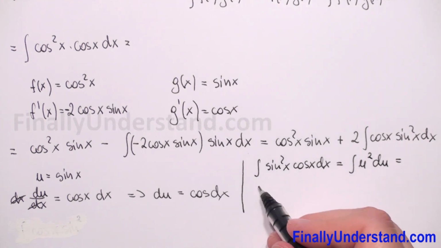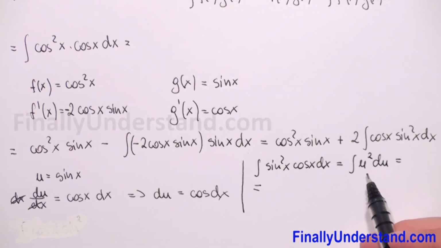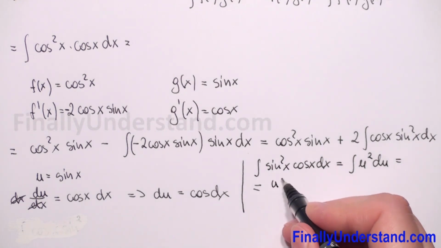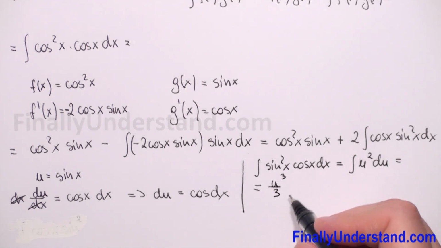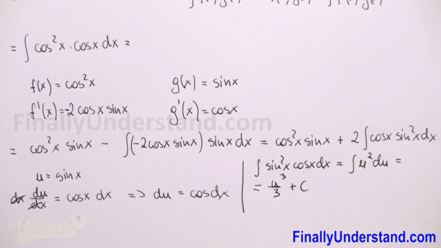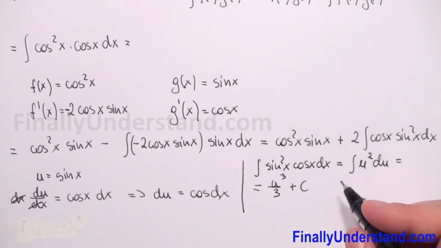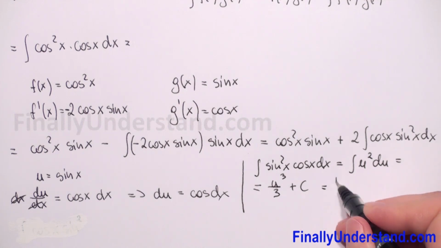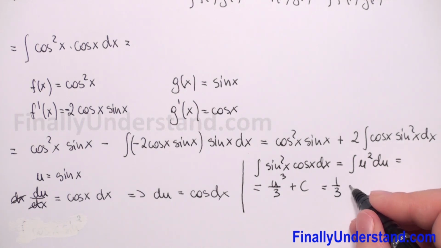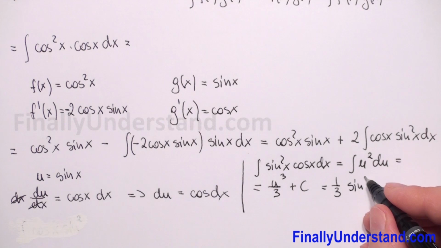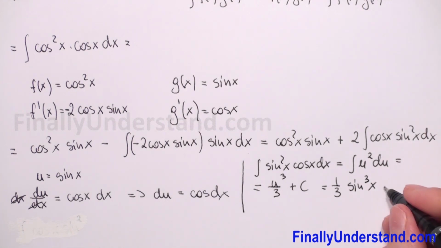So this is equal, we need to use the integral of power function formula. So this is equal u to third power over 3 plus, of course, constant c when we have an indefinite integral. So now we have to come back to our substitution. u is equal sine of x, so this is equal 1/3 times sine to third power of x plus c.